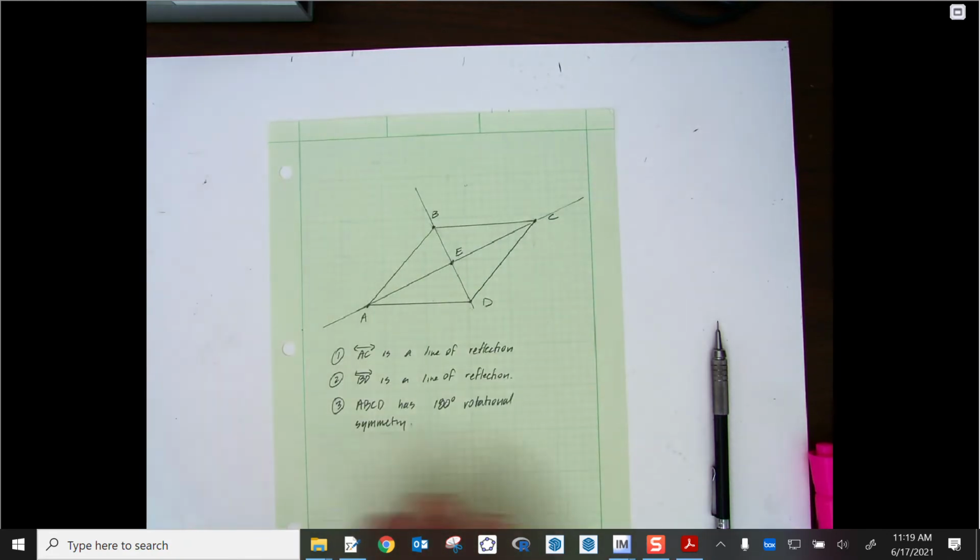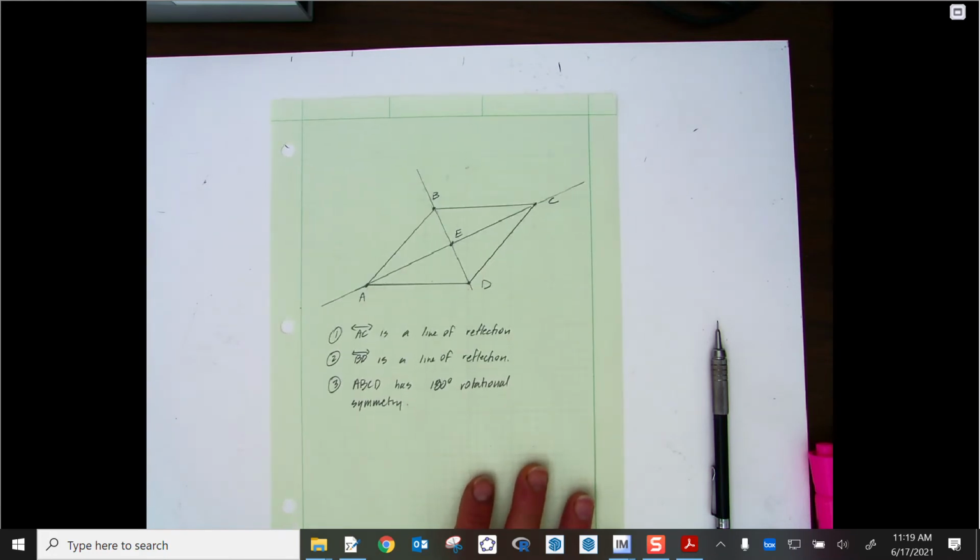And then in transformational geometry, what we're looking at are these size and shape preserving actions of reflection, rotation, translation, as well as dilation, which of course we didn't look at here. But 3 aspects of the rhombus that are important in transformational geometry: it has 2 lines of symmetry.